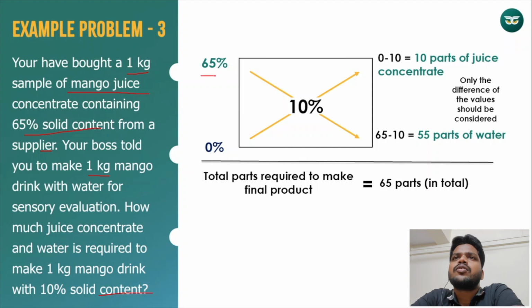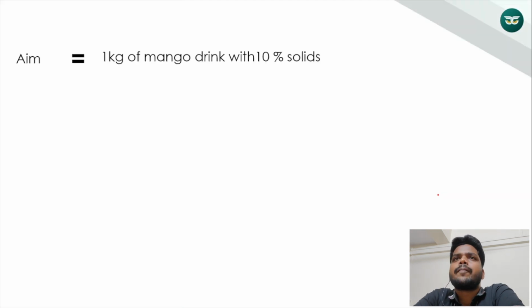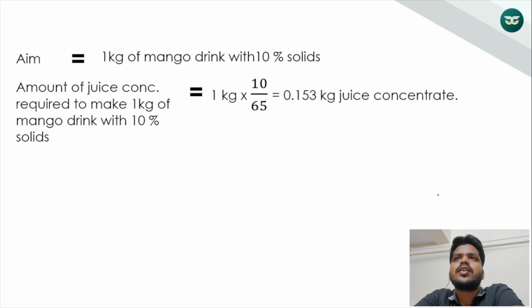Here we simply mention the concentration of the juice concentrate, 65%, and the solid concentration of water is 0 as usual. By finding the difference we get 65 parts. The aim is to make 1 kg of mango drink with 10% solid content. So 10 parts of concentrate are required to make 65 parts.